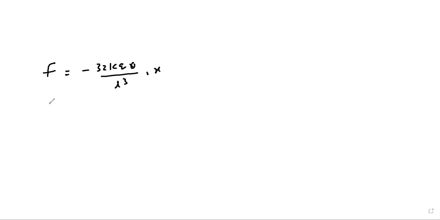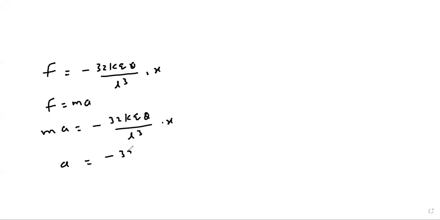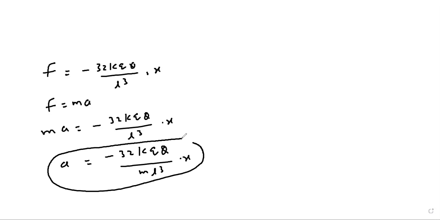Now all of you know that F can be written as M into A. Now write MA is equal to minus 32 KQ capital Q by L cube into X. Therefore, what is the acceleration from here? A is equal to minus 32 KQ capital Q by ML cube into X. This is the acceleration. Got it?